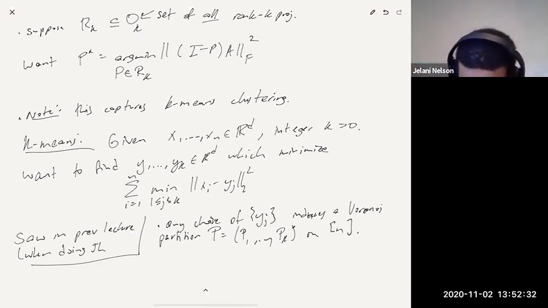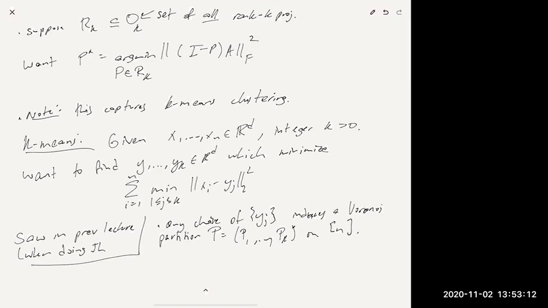And then we can rewrite K-means clustering as: let's try to find the best partition, which minimizes the cost. Then for each partition separately, we can pick the best center for that partition, and that's our cost. Now what you can show is, once you fix the partition, if you ask what's the best center for a particular Pj, what should I choose yj to be, then the yj which minimizes the sum of squared distances within the partition is the centroid.